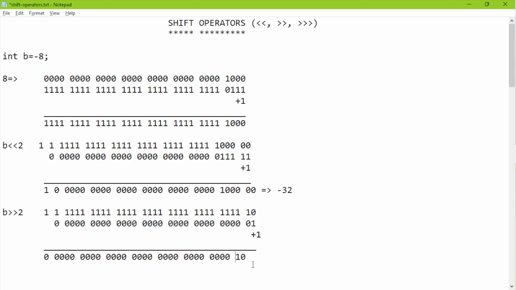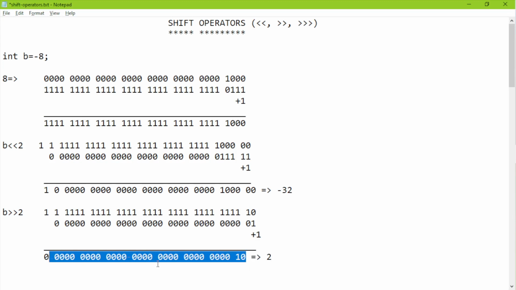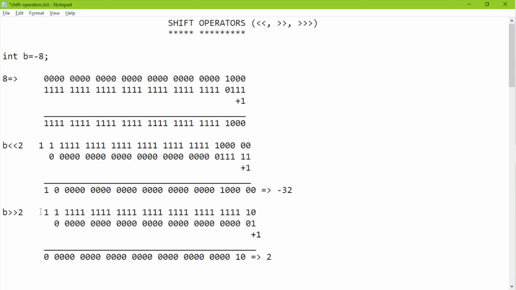So the conversion of this binary to decimal will give us 2. This is the binary representation of the number 2. Here the last bit is 1, so this represents the negative sign, so we have to add minus 2.